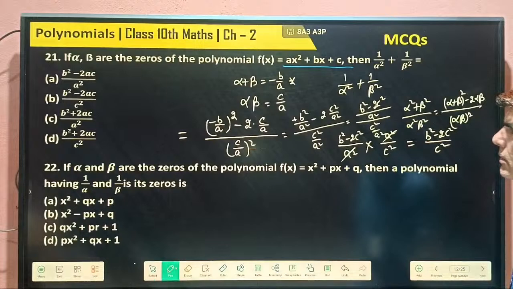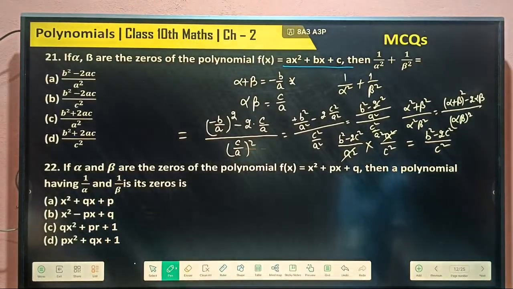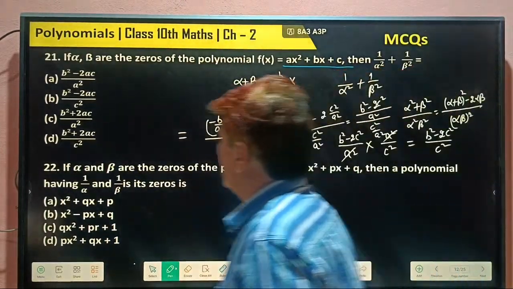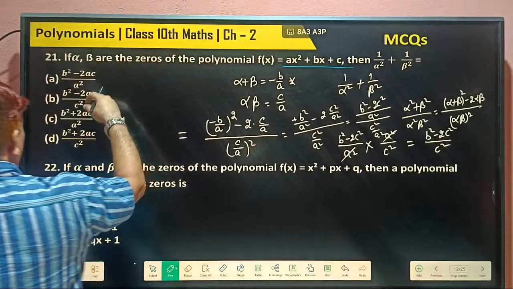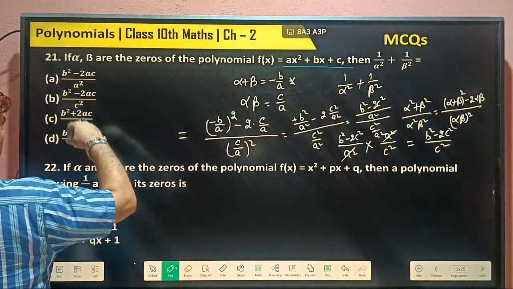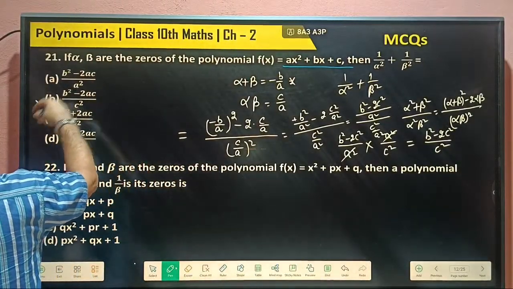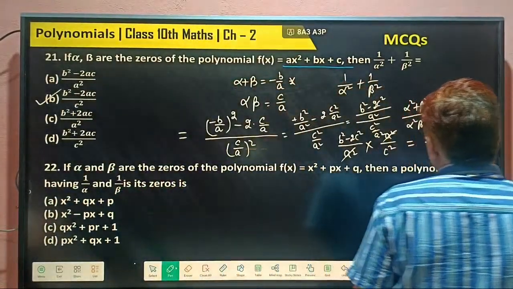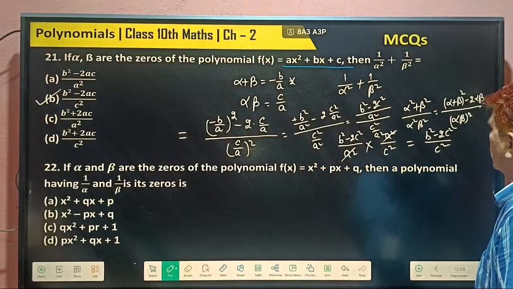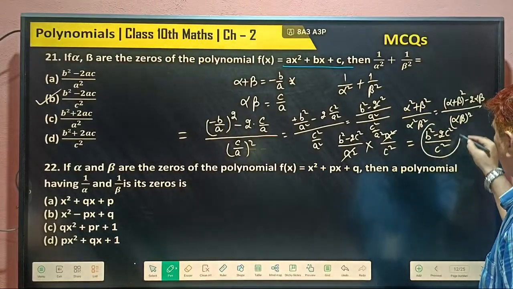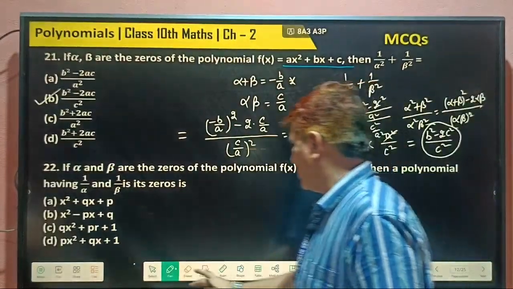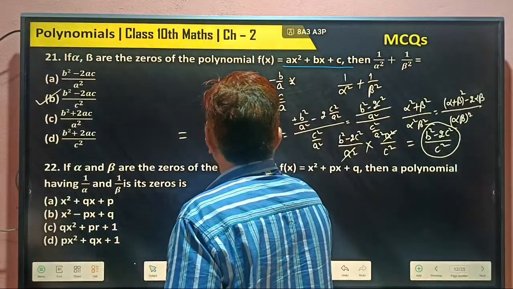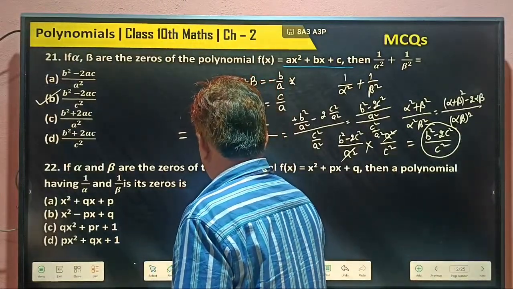B square minus 2ac written. So according to me, its answer we can say, but it's b square minus 2c square by c square. Once more we can check from the starting.